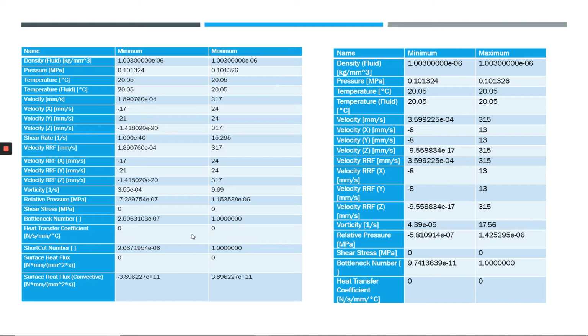The main differences seen is our velocity seen on the right for the 1 millimeter tube. The 10 millimeters to 100 millimeters has a velocity of 317 millimeters per second, and then for the 1 millimeter, I actually got a lower velocity of 315 millimeters per second. And that was constant throughout.